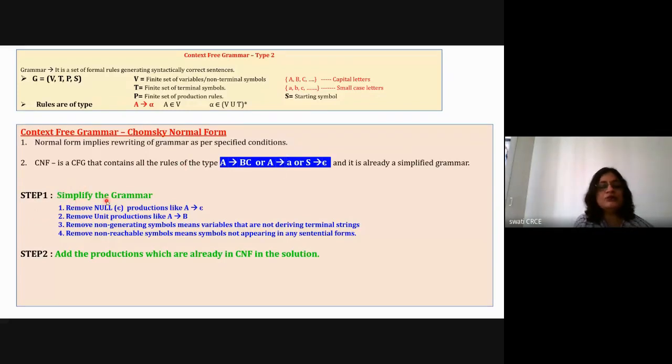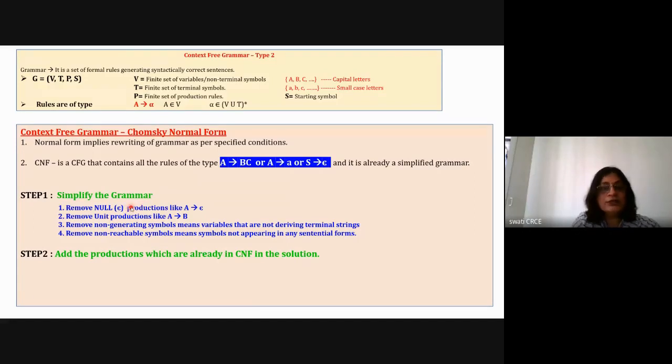The first step is to simplify the grammar. We have spent a sufficient amount of time solving simplification problems, so I think there should not be any issue. If you are not comfortable, the tutorial was uploaded yesterday in the classroom, so solve the tutorial so that you are familiar with simplification problems.